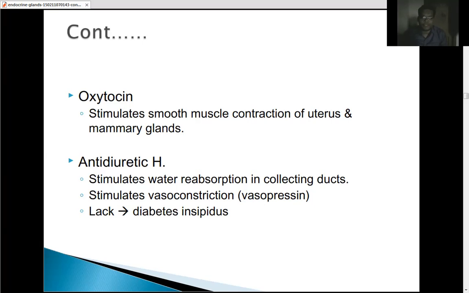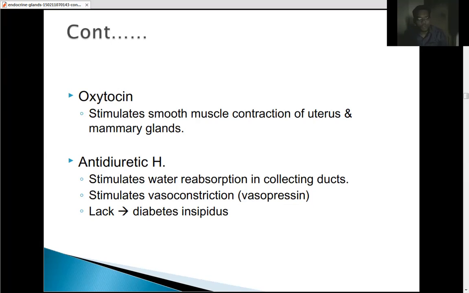After the baby's birth, it also stimulates the mammary gland to release milk for the baby, because after birth the baby can't find the milk by itself. So oxytocin has two functions: it stimulates the smooth muscle contraction of the uterus and the smooth muscles of the mammary glands.